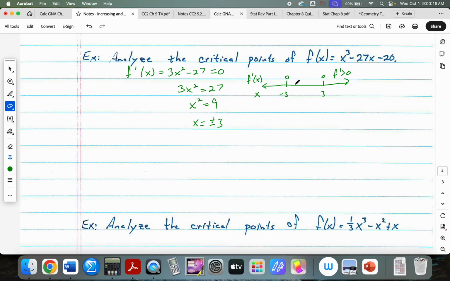In between -3 and 3, 0 is an easy test point. Substitute it in, I find that f prime is -27, so here f prime is less than 0. And here I'll pick -10. I get exactly the same thing I got from +10.